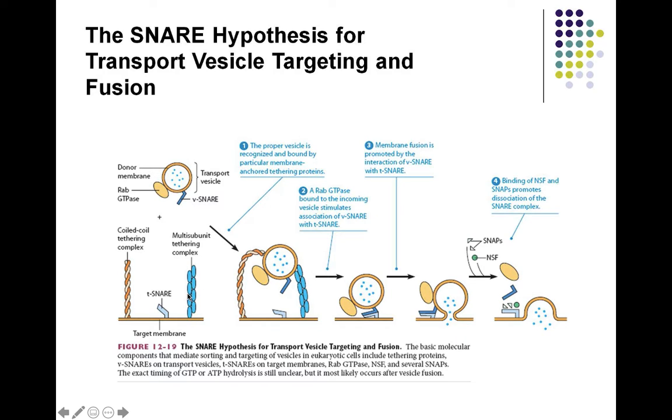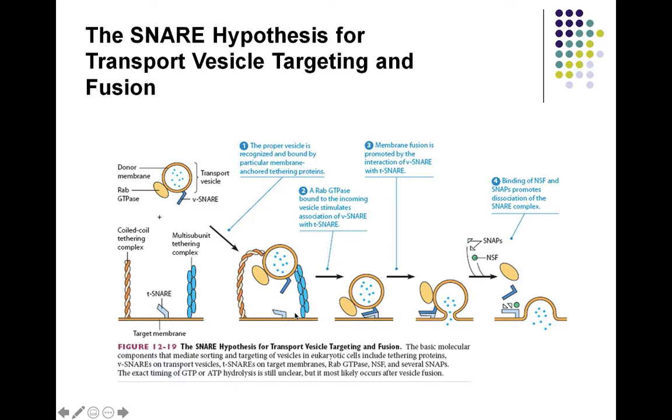Now, let's take a look at how things happen under the SNARE hypothesis view. The proper vesicle is recognized and bound by the particular membrane-anchored tethering protein. So it's the tethering proteins that are responsible for physically connecting the transport vesicle, placing it nearer the target membrane.